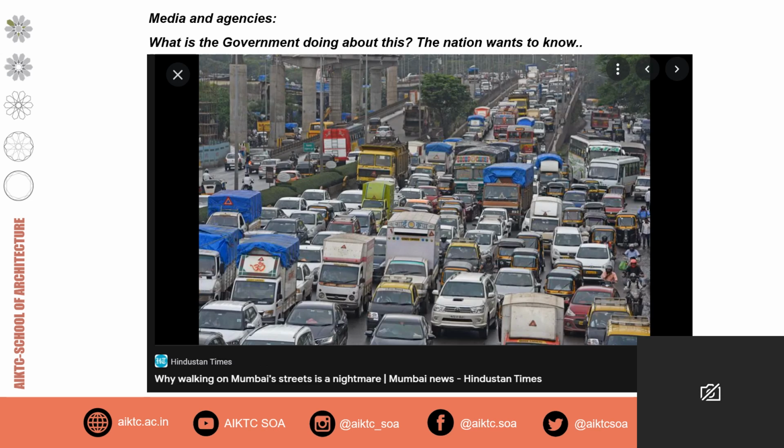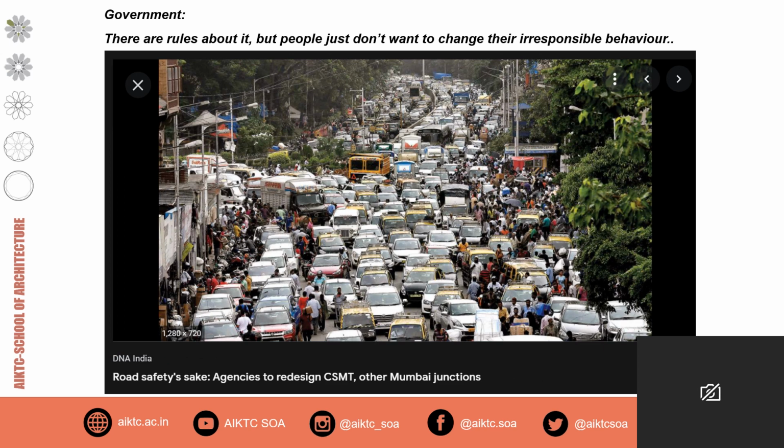On the other hand, we have media and agencies asking why walking on Mumbai streets is a nightmare. What is the government doing about this? The nation wants to know. So, questions from the media agencies which are representing the people.